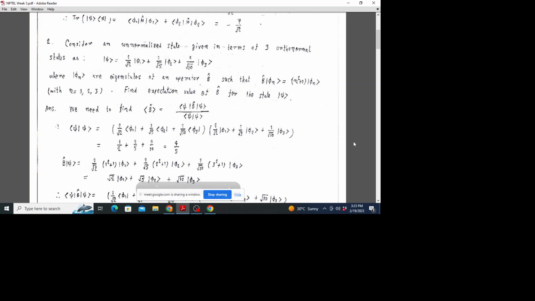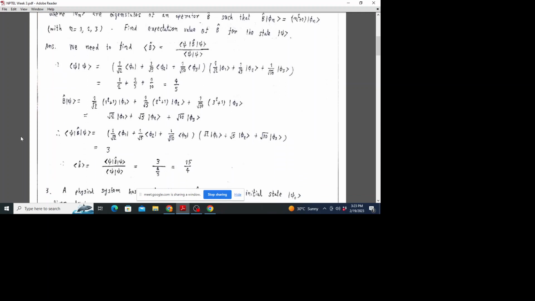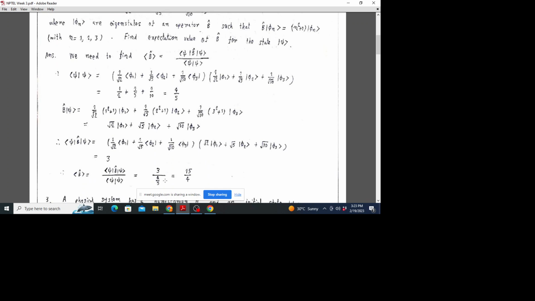Add them up and you get 4 by 5. So you see the inner product between psi and psi is not 1, it is only 4 by 5. So our denominator is 4 by 5, and what about the numerator?